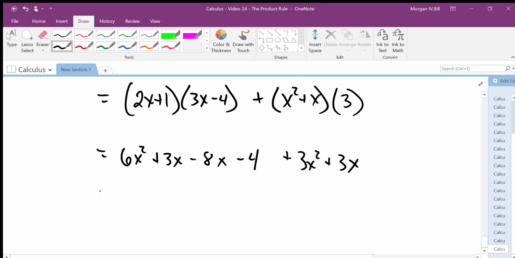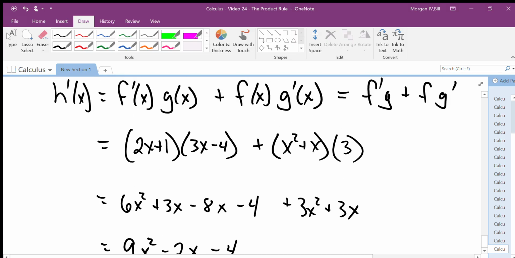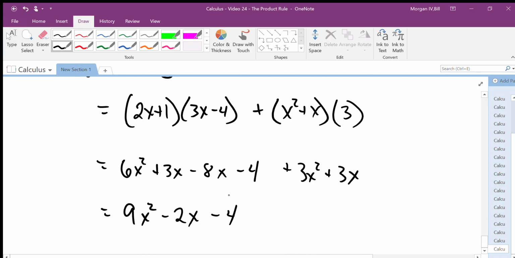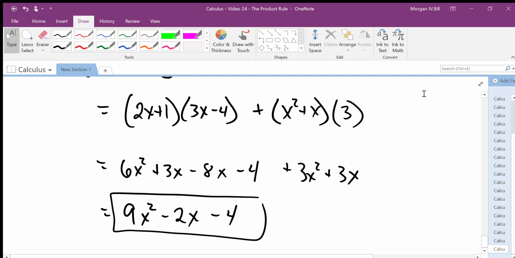If I combine all those, I get 6x squared plus 3x squared is 9x squared. 3x minus 8x is negative 5x, plus 3x is minus 2x, and then minus 4. 9x squared minus 2x minus 4. Either way it works. So the product rule, again, does work.